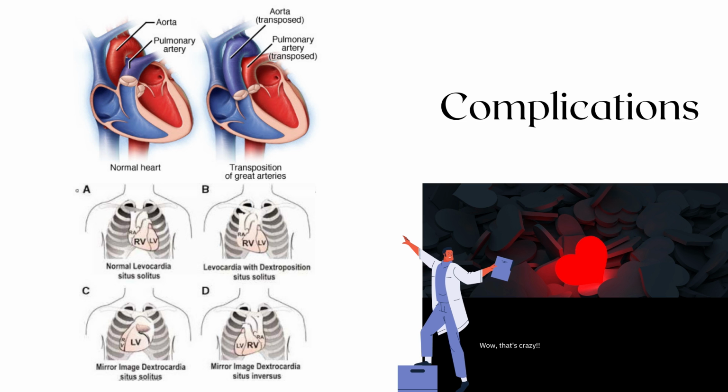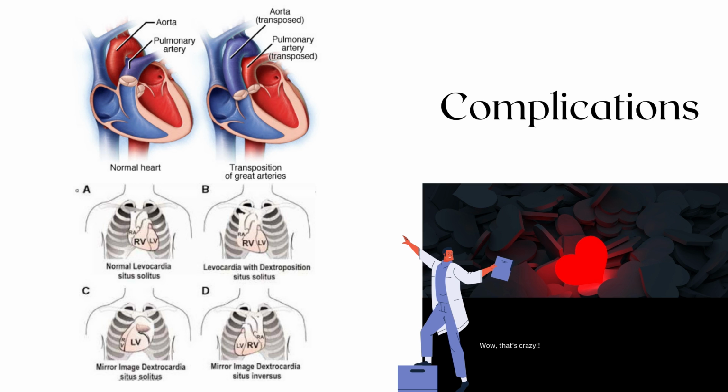Transposition of the great arteries affects the 5 great vessels that carry blood to and from the heart: the superior vena cava, the inferior vena cava, the pulmonary artery, the pulmonary vein, and finally, the aorta. In this condition, the aorta and the pulmonary arteries have switched connections.